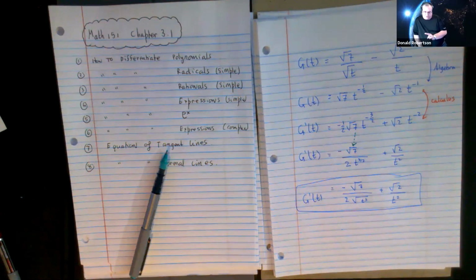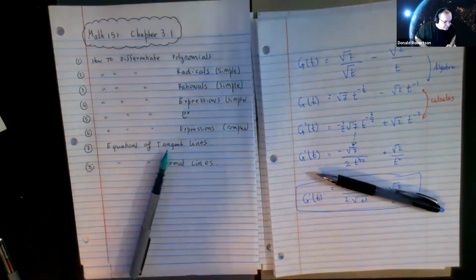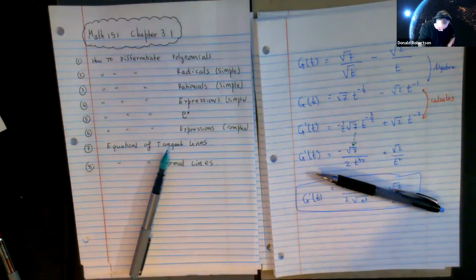And the second, less obvious reason, and that will become more apparent later on, is that once you've found a derivative, very often you're interested in two very specific situations. One of them is, for what values of t is the derivative going to be undefined, which typically means that the function explodes in some kind of vertical way.